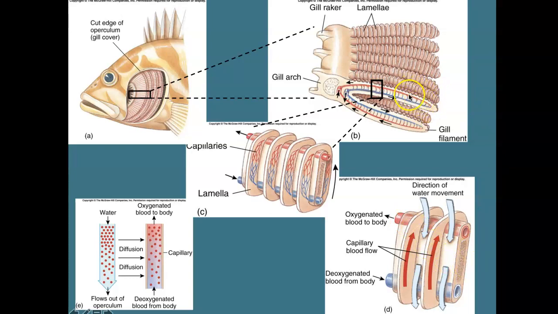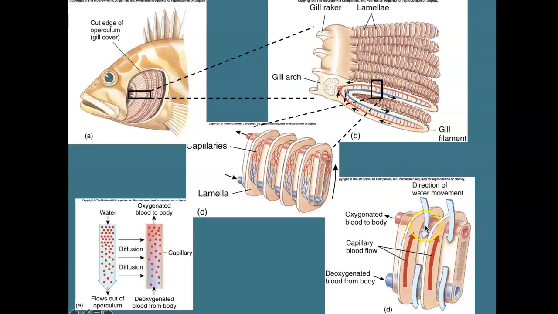It's picked up some oxygen, but it's still going to have a little bit of a concentration gradient, and the water is still going to have a higher concentration of oxygen than even the oxygenated blood from here, okay? And so you'll continually bring more oxygen into that blood.